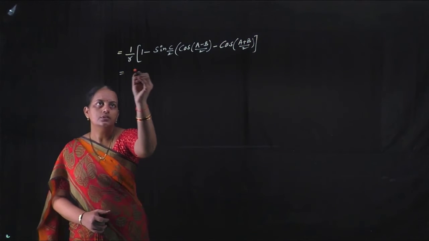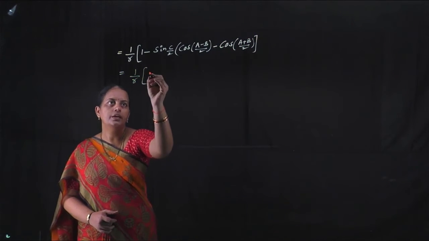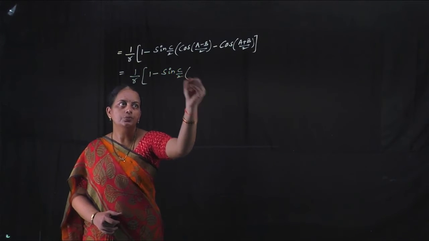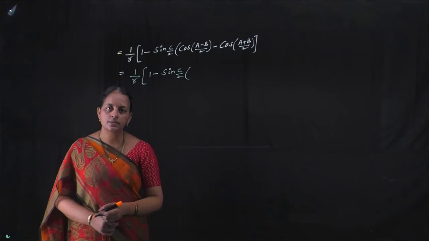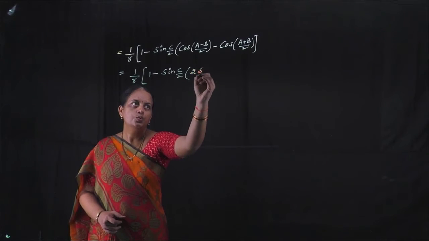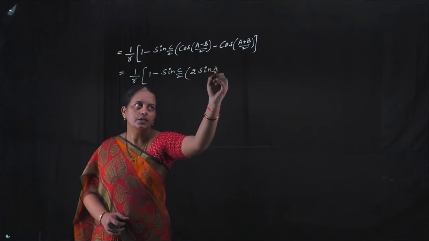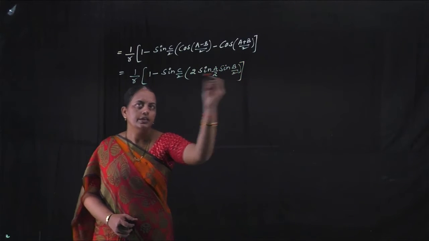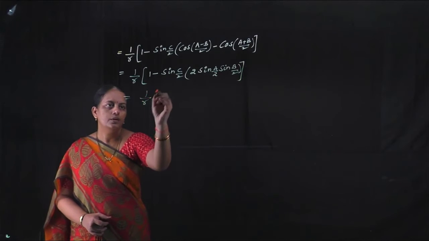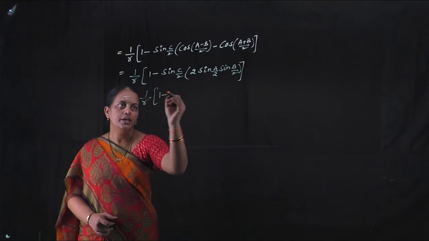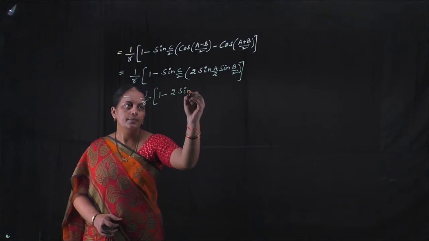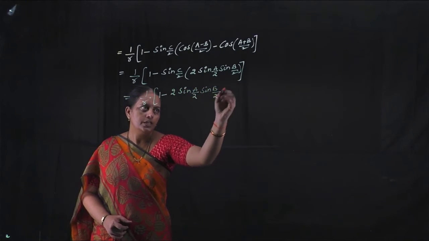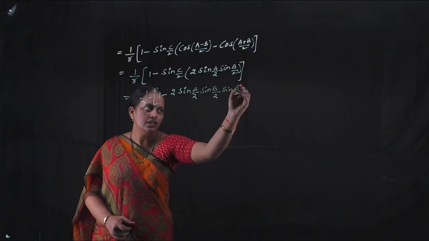Okay, this is equal to 1 by r into 1 minus sin C by 2 into cos of A minus B minus cos of A plus B, which means 2 sin A sin B, that is 2 sin A by 2 sin B by 2. Okay, it is equal to 1 by r into 1 minus 2 sin A by 2 sin B by 2 sin C by 2.